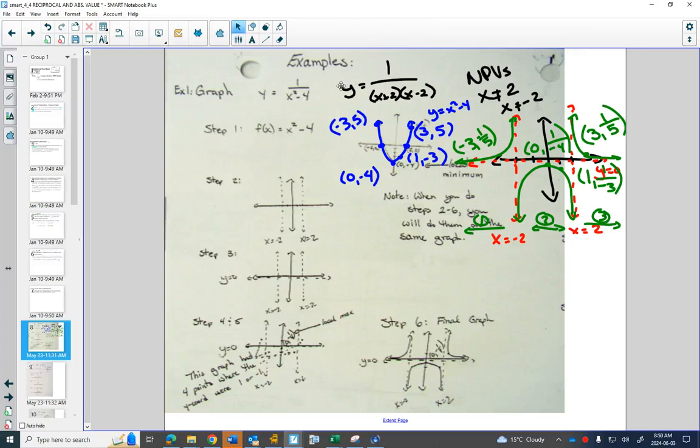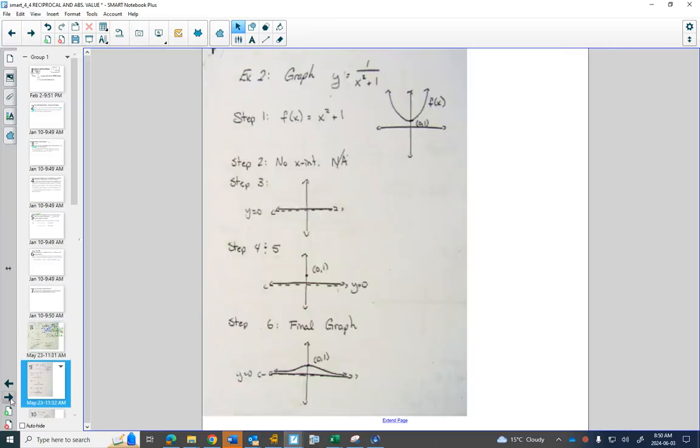And we'll do a couple more. We're going to graph 1 over x squared plus 1. Notice here the bottom function, I'll draw here again, has a vertex at 0, 1, because you just need to draw a parabola with a vertical translation up 1 unit.